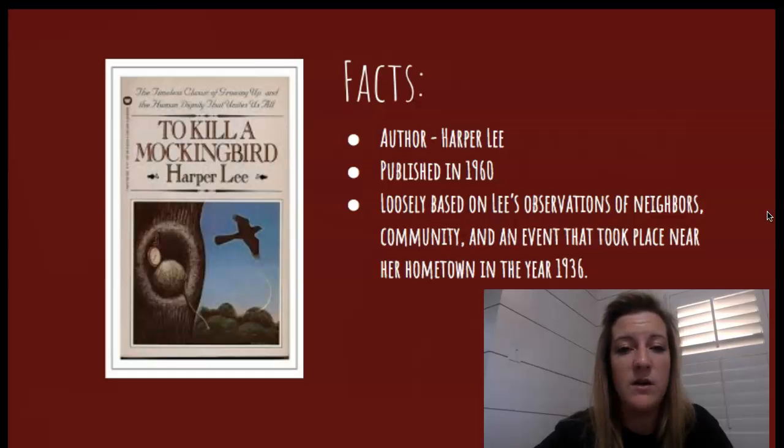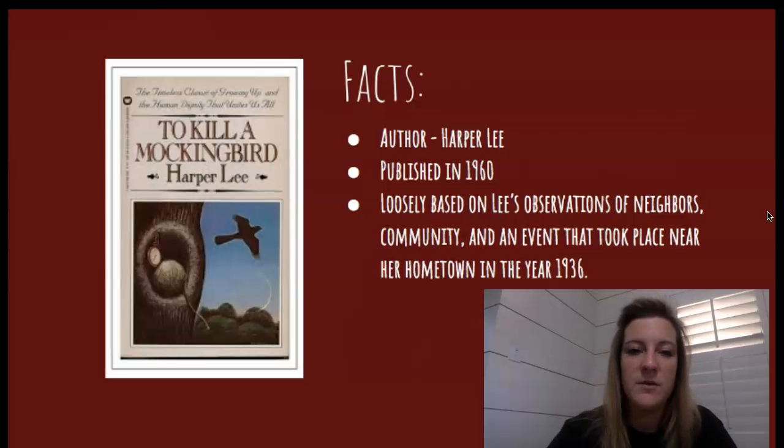And so if you think about it, we are somewhat educated on the 60s and what things were going on in the 60s. If you think about the cultural time period then and things going on historically in that time period, then you can make that connection to the story she's telling through her book.